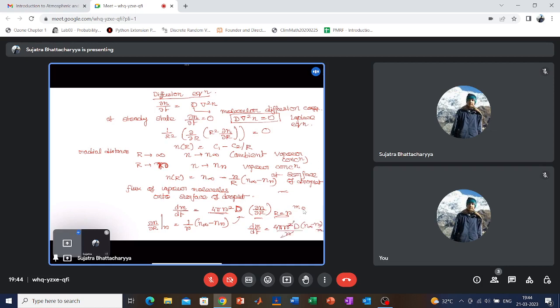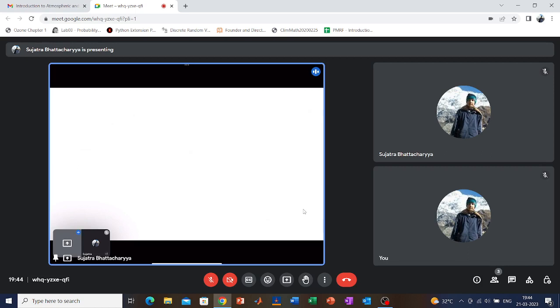So r cancels. Therefore, dm dt will be equal to 4 pi r D, n infinity minus n r, into m naught. And what is n infinity into m naught? We have written earlier, that is the density: 4 pi r D, rho v minus rho v r. This r represents the surface vapor density.